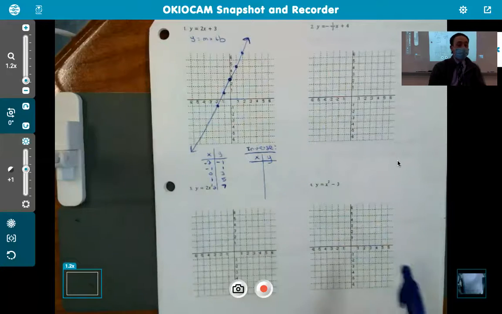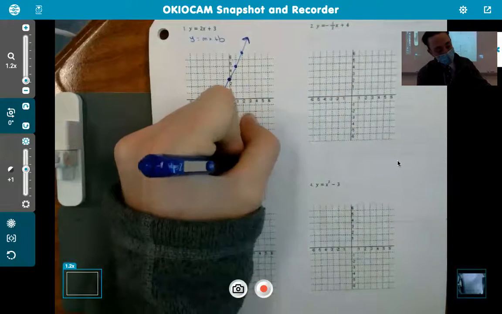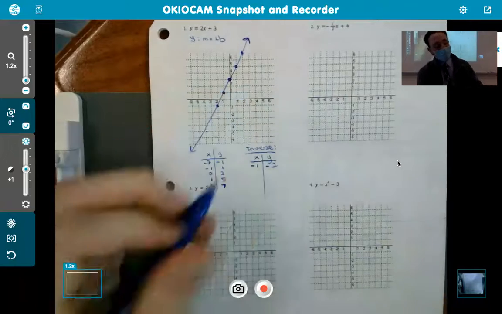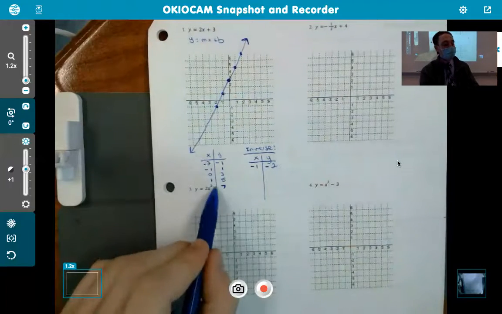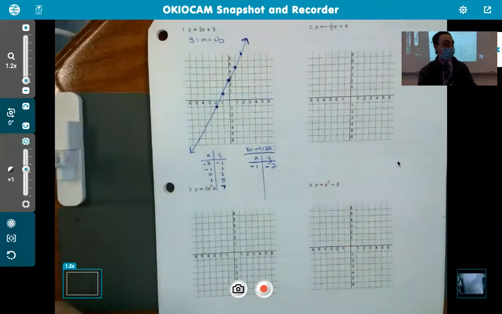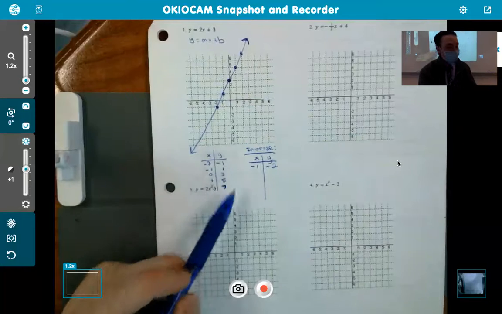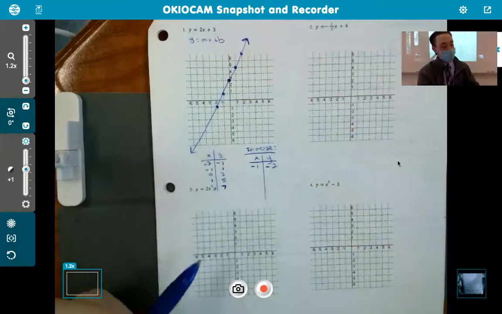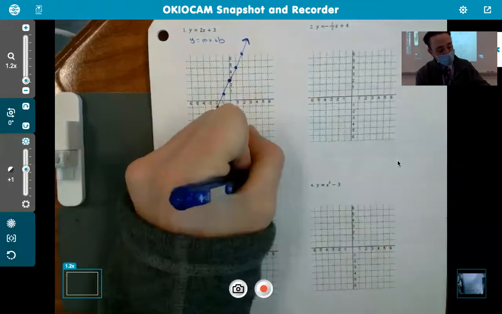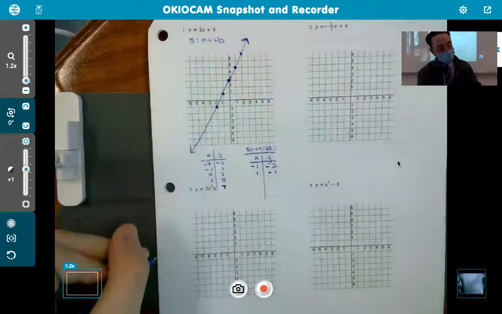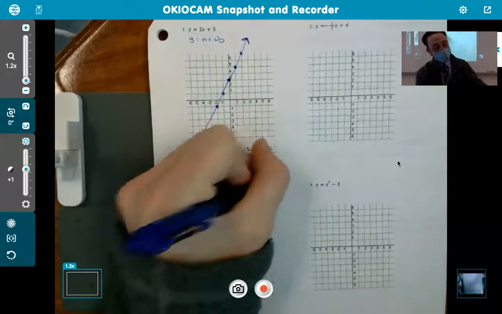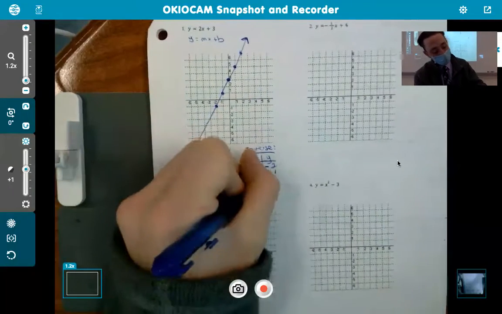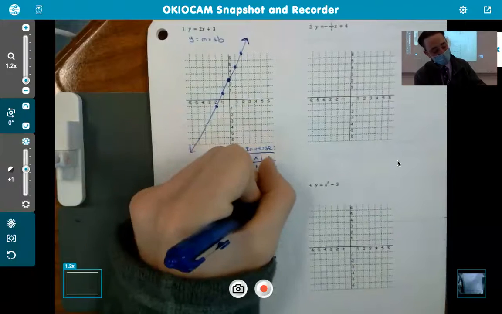So instead of -2, -1, what would my first point be? -1, -2. Good. And I go through and I do this. I keep flipping the x's and y's, or you can flip each column really for every single point here. So instead of -1, 1, I'll have 1, -1. Instead of 0, 3, I'll have 3, 0. Instead of 1, 5, 5, 1, and then 7, 2.